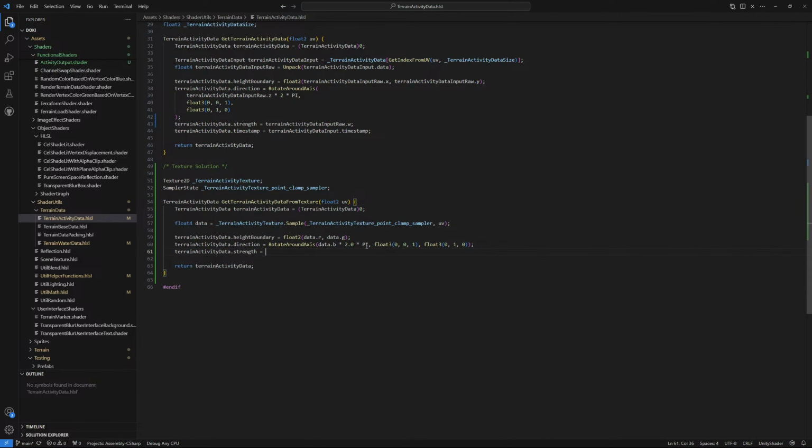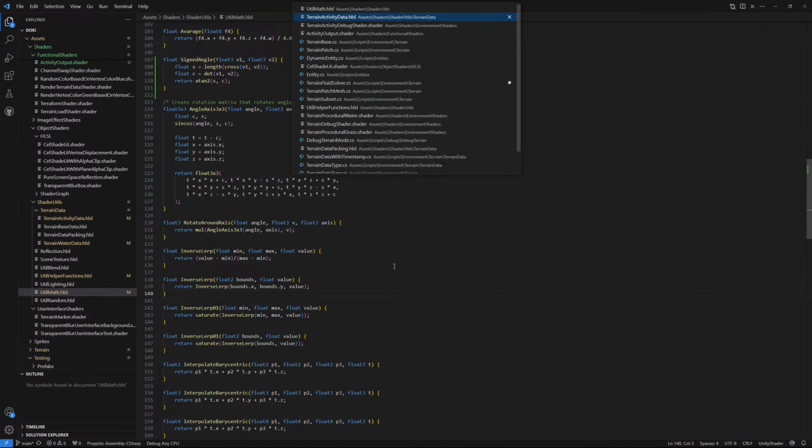But we could just have these between 0 and 1 at this point, I think. Yeah. So here we do data dot A, and that's about it. Now we have height, boundary, direction, and strength for this one.